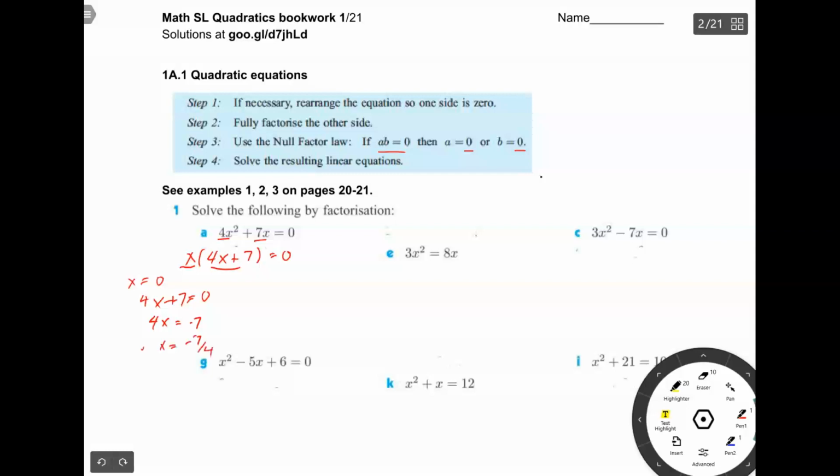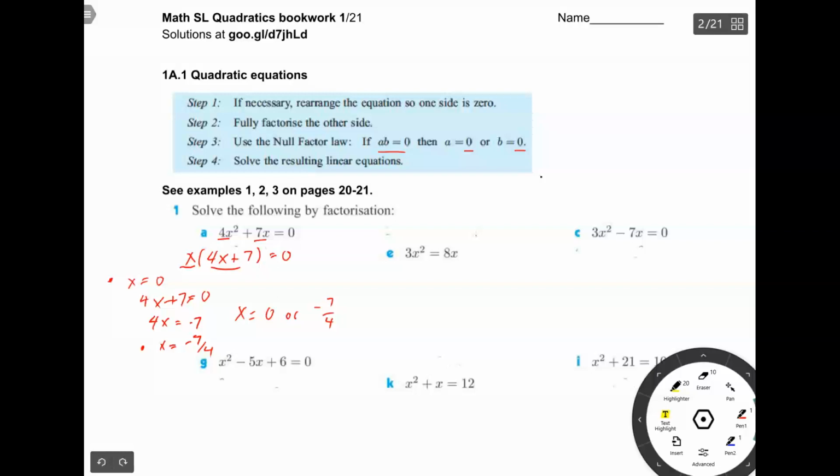So that would be the other possible solution. So the first solution was x equals 0, and the second possible solution is x equals negative 7/4. So you could write the solution is x equals 0 or negative 7/4, but not both, obviously, because they're not even the same. Okay. All right.